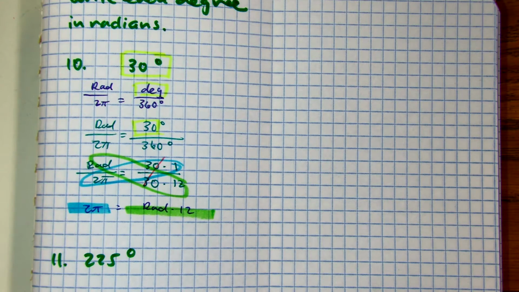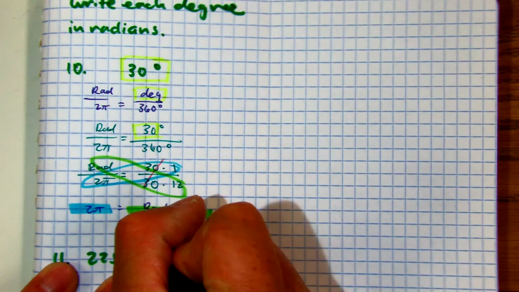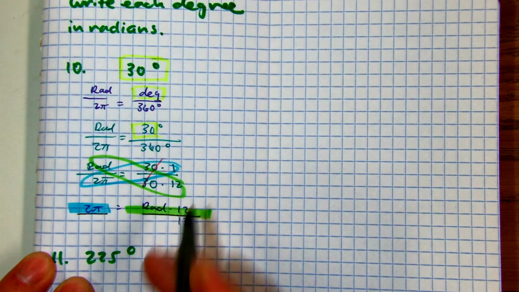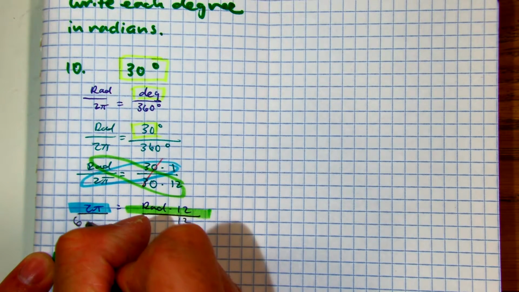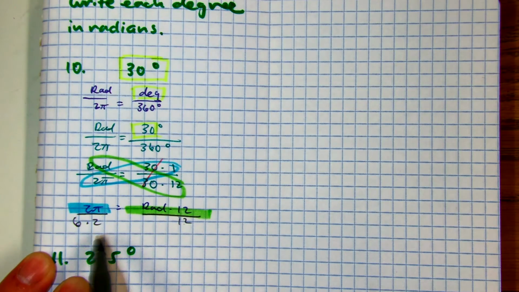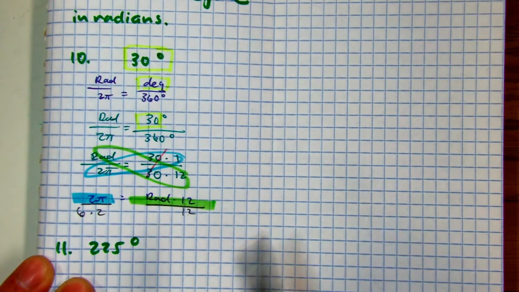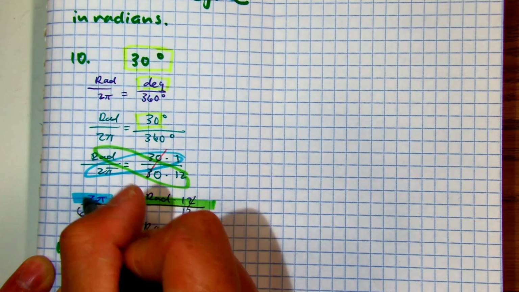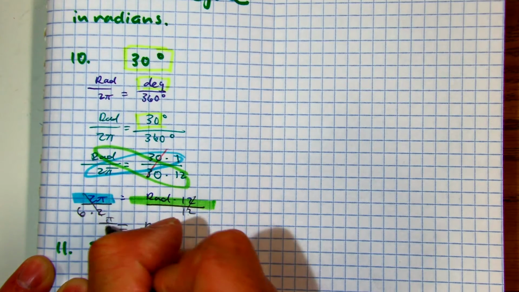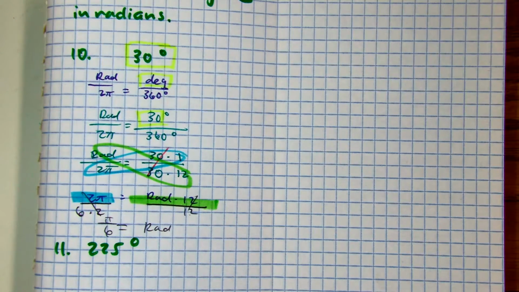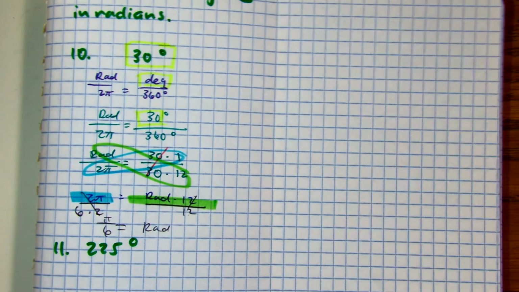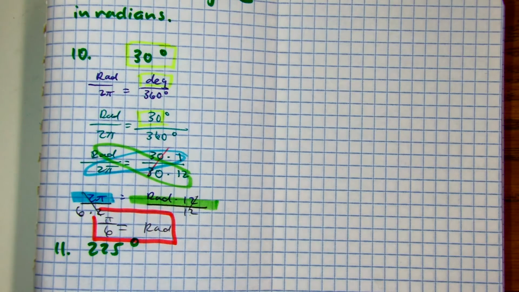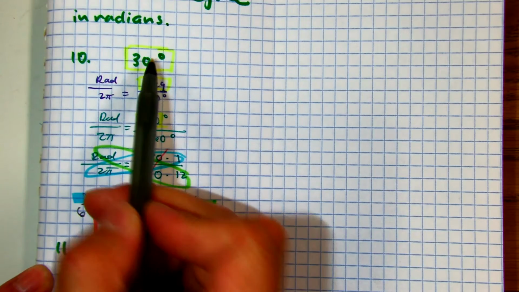We're going to divide by 12 on both sides. Now, I'm going to change my 12 to 6 times 2. So I'm dividing by 12 on both sides. Why did I do that, class? So I can get radians to be pi over 6. 30 degrees is the same thing as pi over 6.